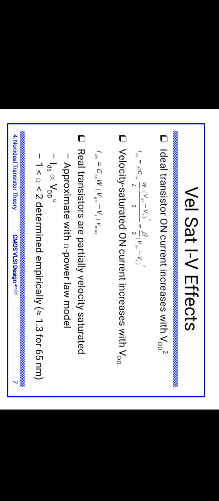Velocity saturated on current increases linearly with VDD. IDS is equal to Cox W into (VGS minus VT) into Vmax.